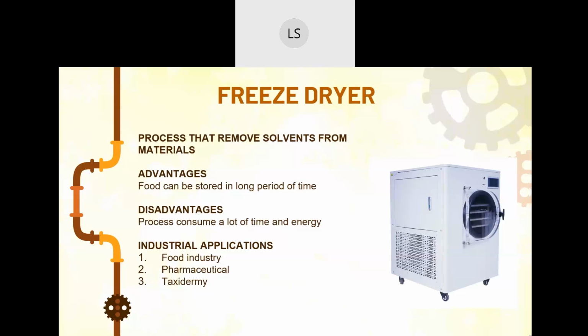Another is the pharmaceutical industry, where the drying process is needed to eliminate moisture which may lead to a decrease in drug stability, and also to prepare granules for tablets or capsules. Okay, this is for your question.